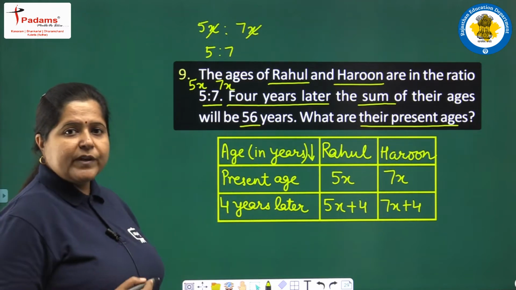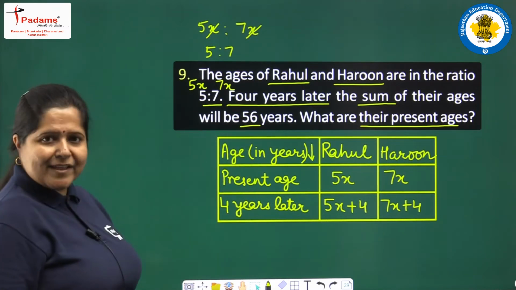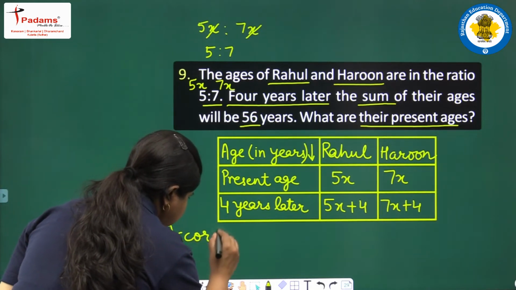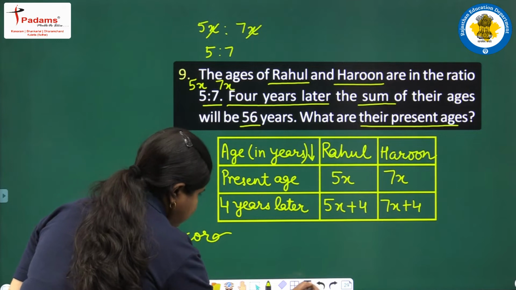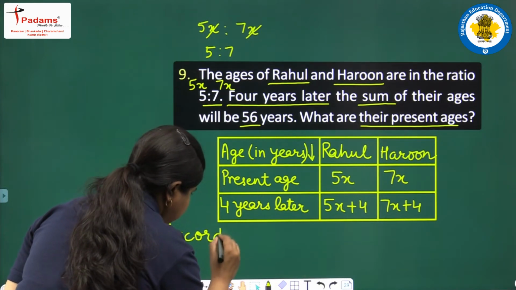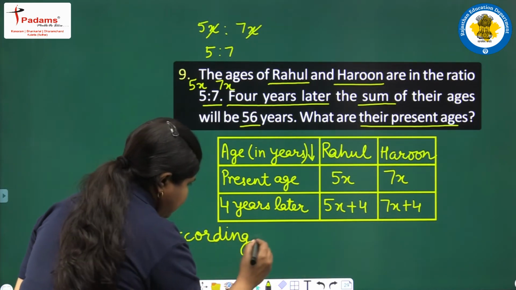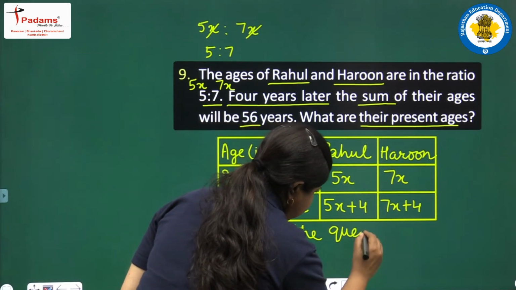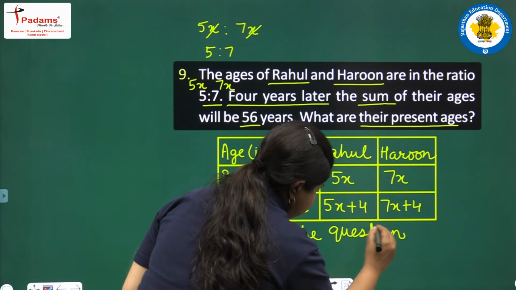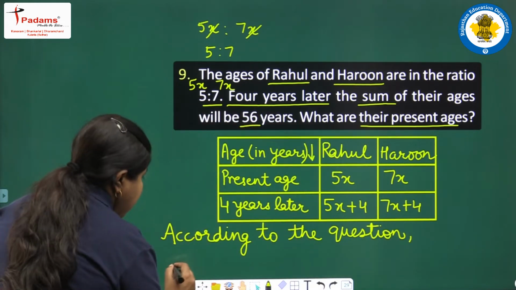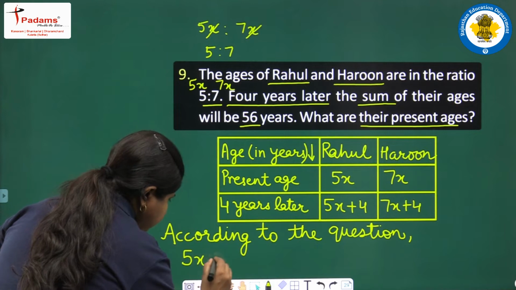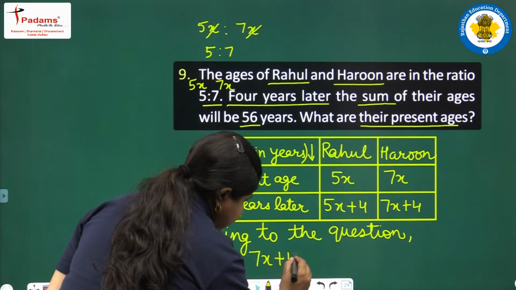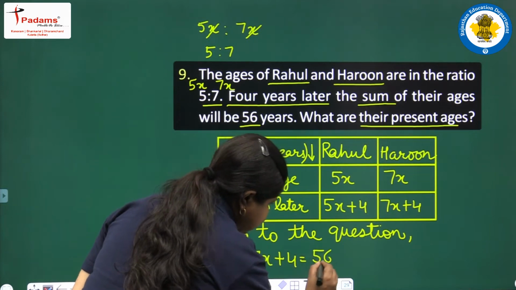We need to form one equation on the basis of this statement. First we will write according to the question. Add the two ages, 5x plus 4 plus 7x plus 4 equal to 56.